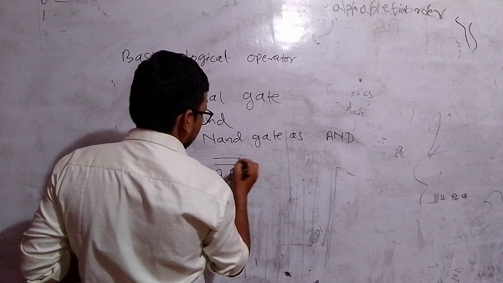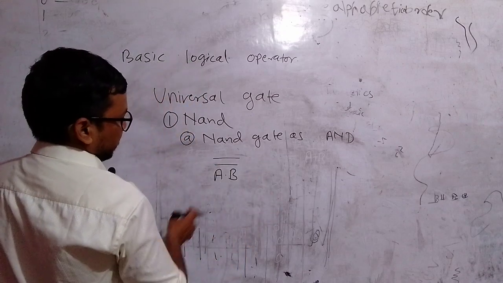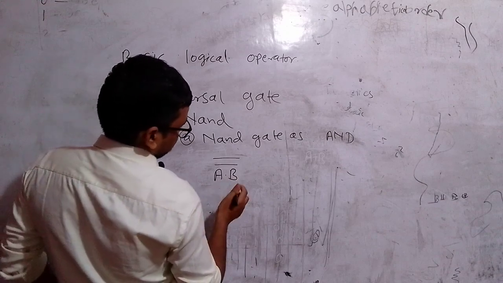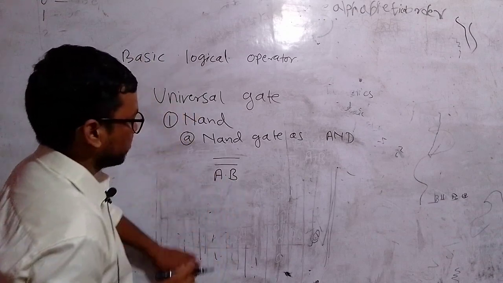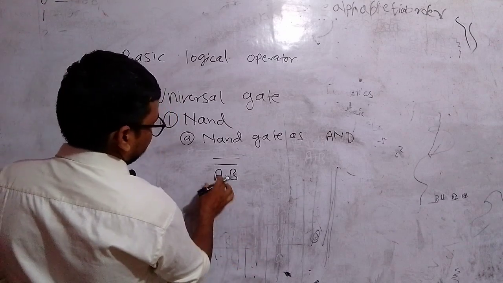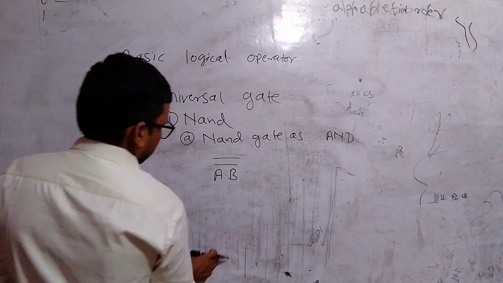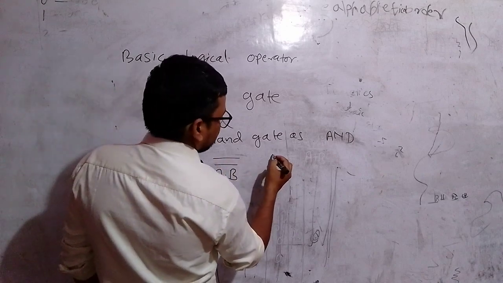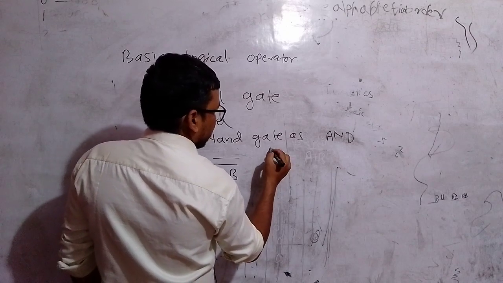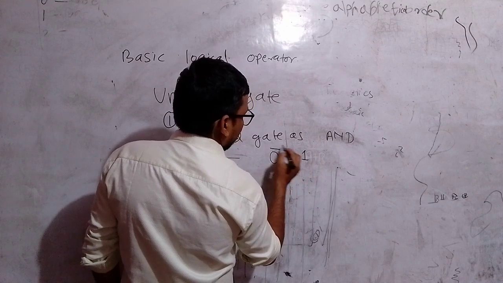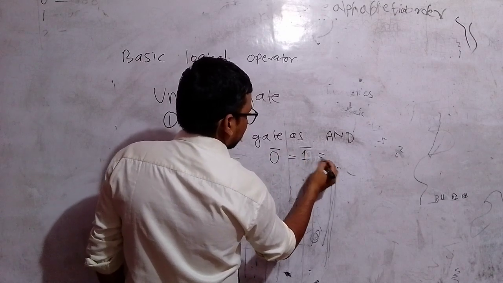We can write a double complement here. Now how to draw this? Double complement means, let's take 0. If we give a single complement, it produces 1. If we give a complement again, it produces 0.